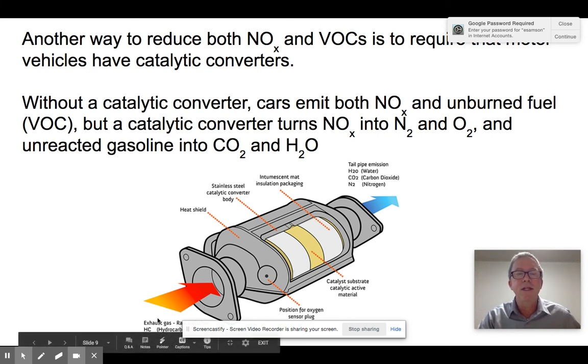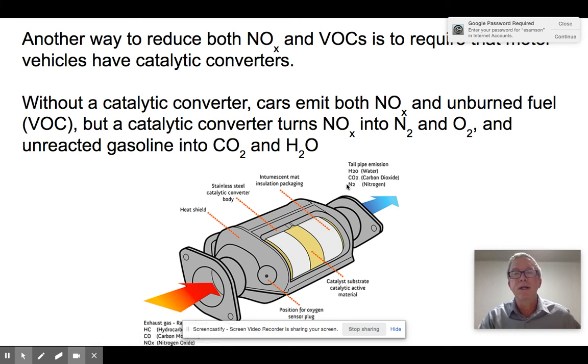And the HCs, the hydrocarbons, the VOCs, just react with oxygen, turning into CO2 and H2O. So what comes out the other end is water vapor, carbon dioxide, and nitrogen. Now, carbon dioxide is basically the chemical that is most widely responsible for global warming.